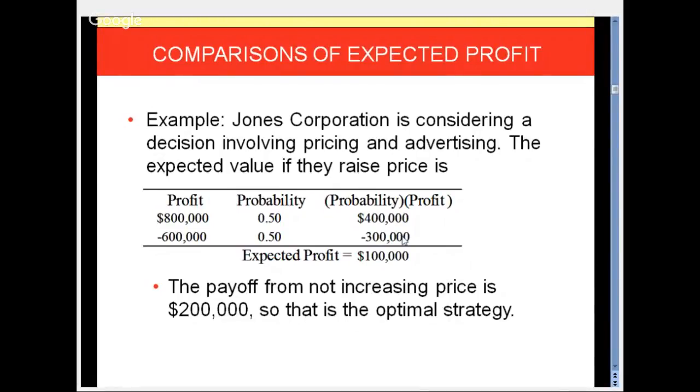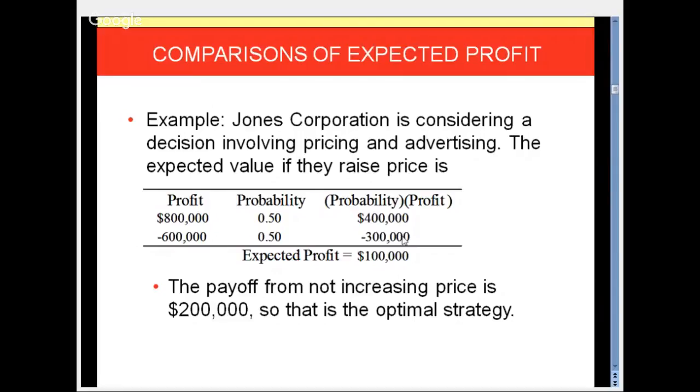Okay. The payoff from not increasing price, in this case, is $200,000. So $200,000 is greater than $100,000. So for most people, the optimal strategy in this case would be not to increase price.